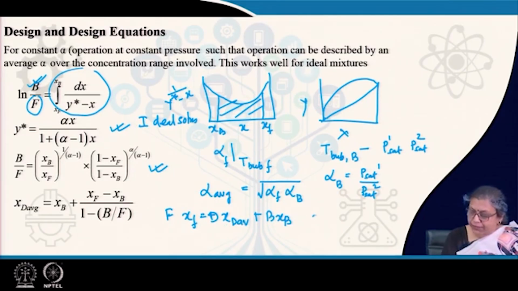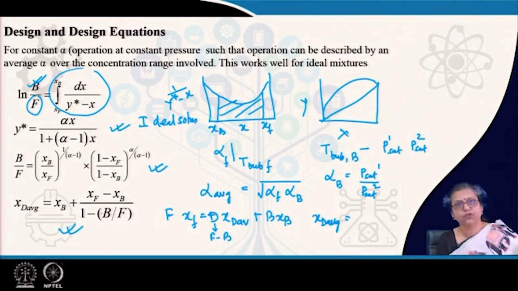From there we can find out XD average, and if you substitute D as F minus B, and divide the entire expression by F, where B by F is the fraction of the feed which remains as the bottoms product, finally the expression of XD average is obtained in this particular way.